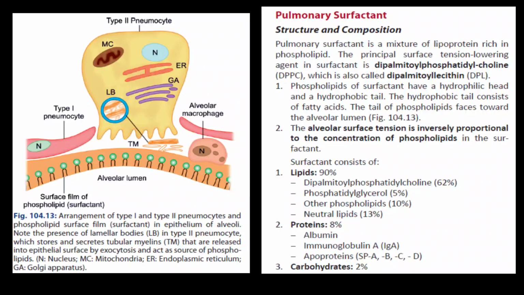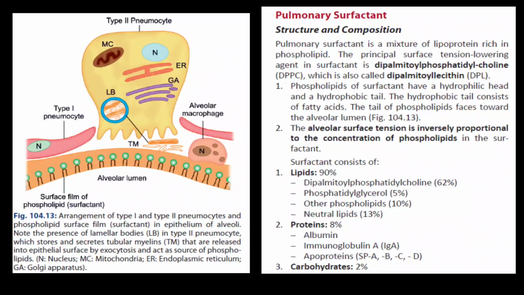Phospholipids in surfactant have a hydrophilic head and a hydrophobic tail. The hydrophobic tail consists of fatty acids, and it faces towards the alveolar lumen. The alveolar surface tension is inversely proportional to the concentration of phospholipids in the surfactant. The more the phospholipid, the less the surface tension.